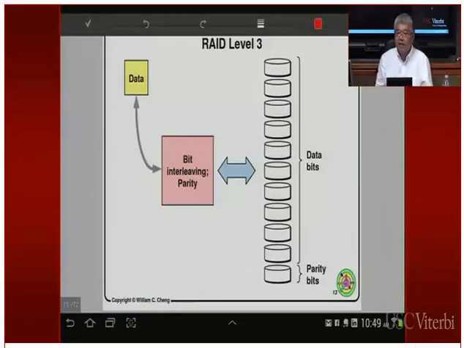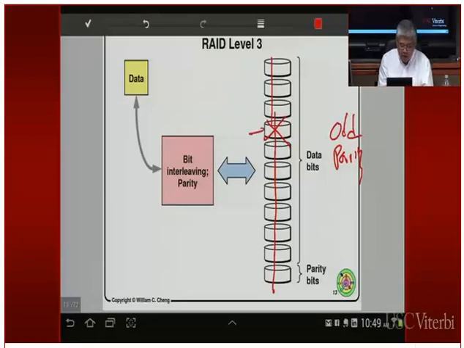If I'm using odd parity, what I need to make sure is that when I perform a write across all these disks and add up all the bits, I get an odd number, so the least significant bit is equal to 1. In this case, if this disk goes dead, I would know that disk is dead.